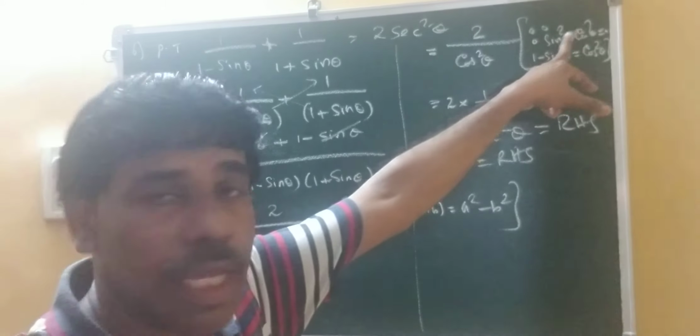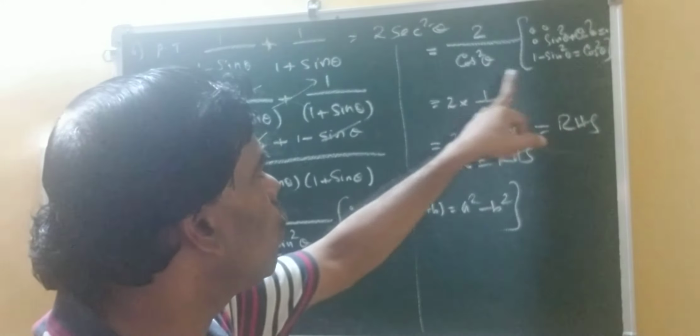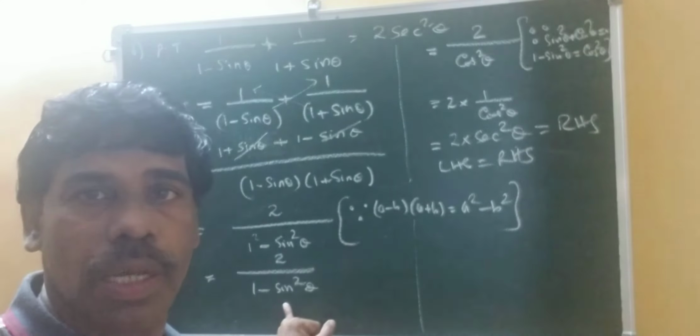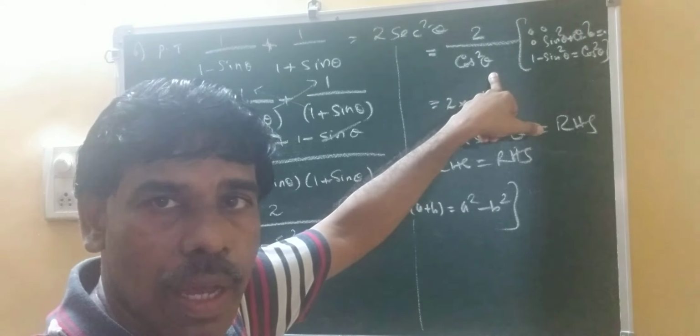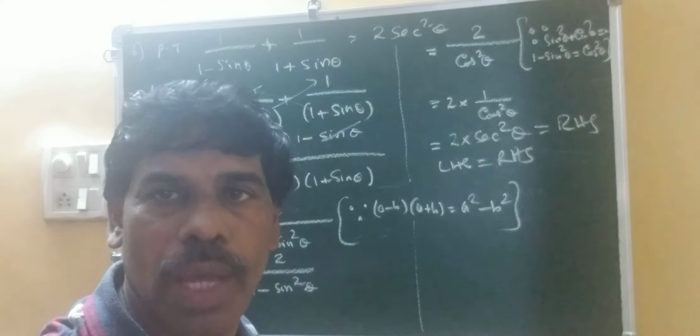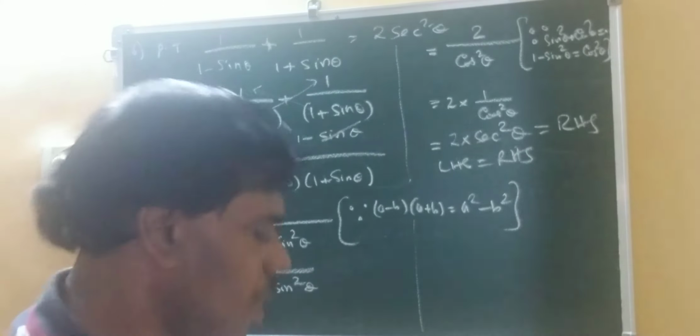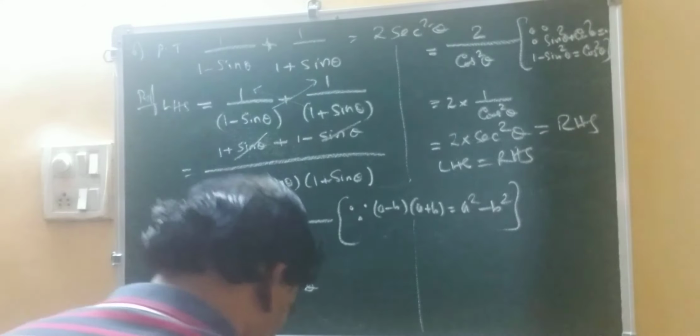But what is the identity? Sin square theta plus cos square theta equal to 1. Therefore, 1 minus sin square theta is nothing but cos square theta. So now I am writing like this, 2 into 1 upon cos square theta. What is 1 upon cos? Sec. So sec square theta. That's all. Now next sum we will do.